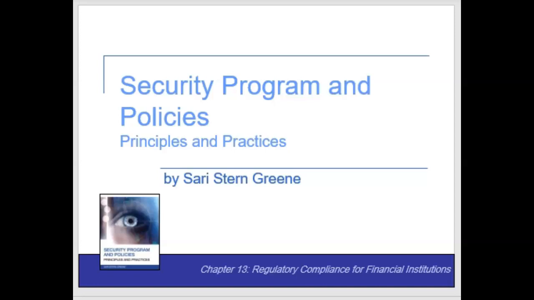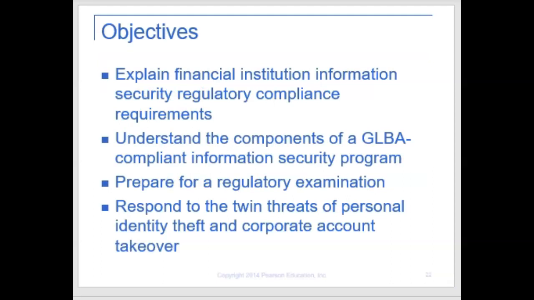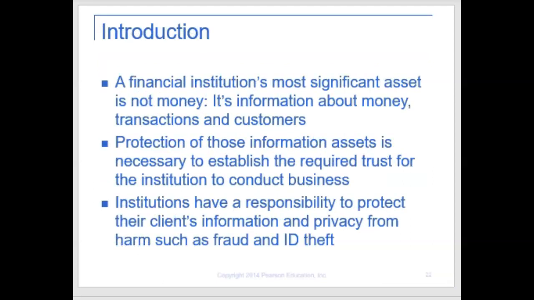So these are the objectives for this lesson. As an introduction, we want to protect the financial institution's assets, but really, more importantly, the information assets. That was the goal of the comments I just made.